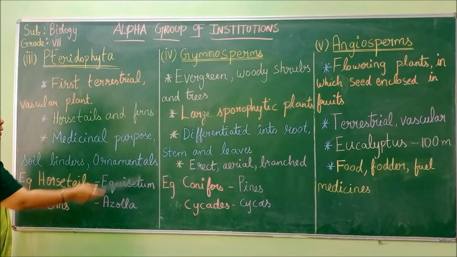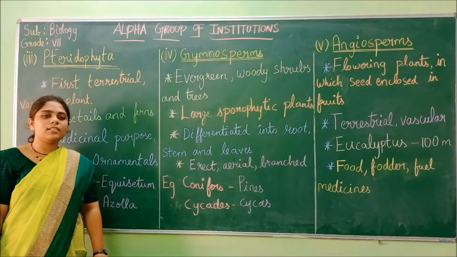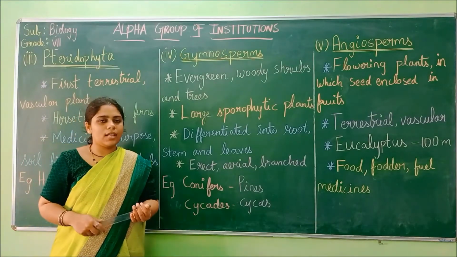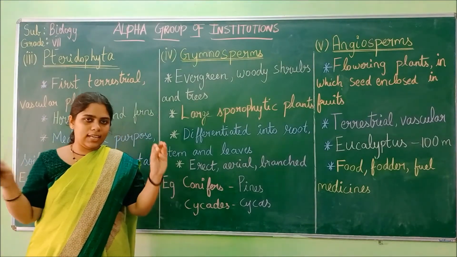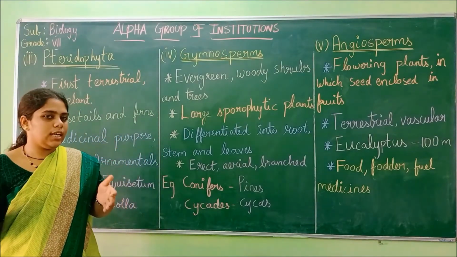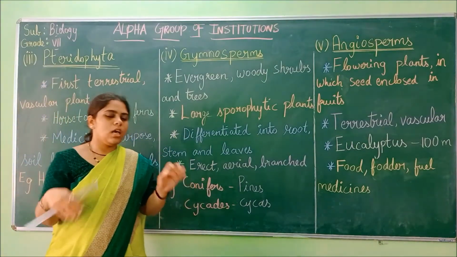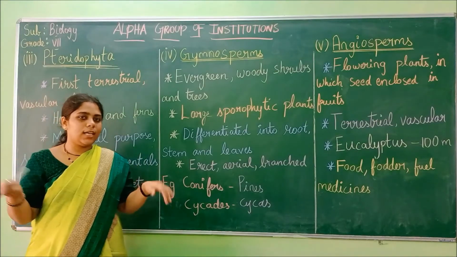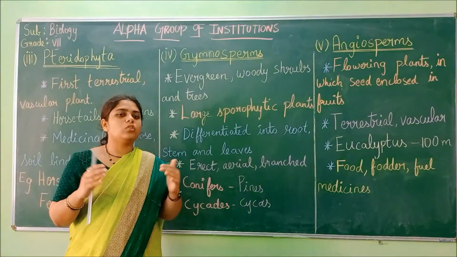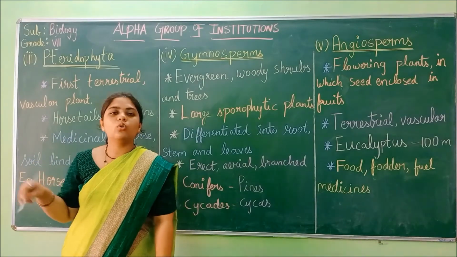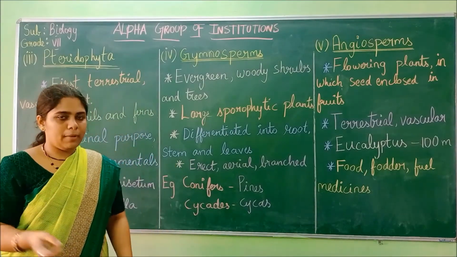Next is ornamentals. Pteridophytes are ornamentals, and ornamentals are plants that are used for decorating. We would have seen in marriage functions, temples and our houses, we decorate with plants and flowers. Those plants that are used for decorating alone are called ornamentals.